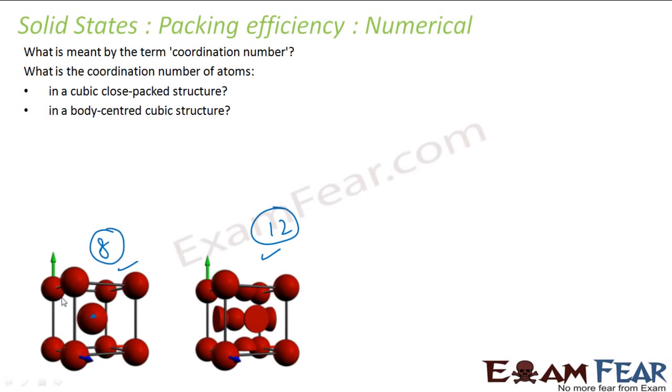You can see here: you take this atom, 1 2 3 4 5 6 7 8 are touching it actually, and you take this atom, you have 1 2 3 4 5 here, and not each of these are touching actually, but this has coordination number 12.